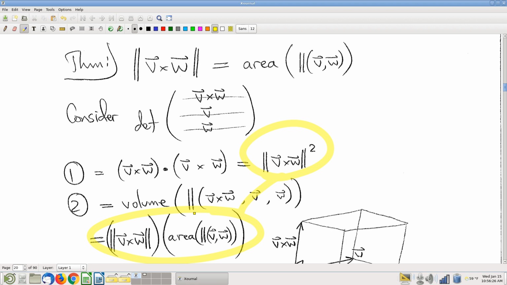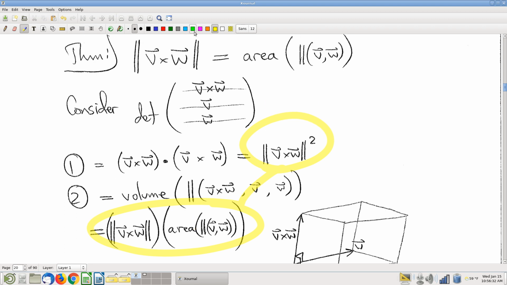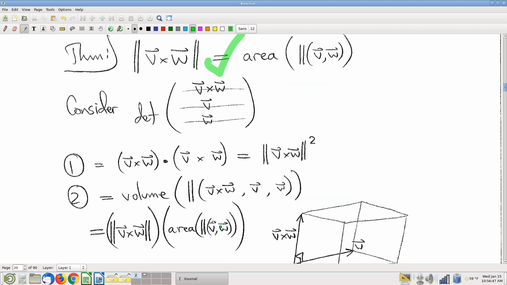And if you take these two, now known to be equal, and cancel a common factor of magnitude, notice that what comes out is that. So, cancel a common factor of magnitude, and we get what we want. It's a real slick little proof. By the way, I want to emphasize this is very much a slick and clever proof.